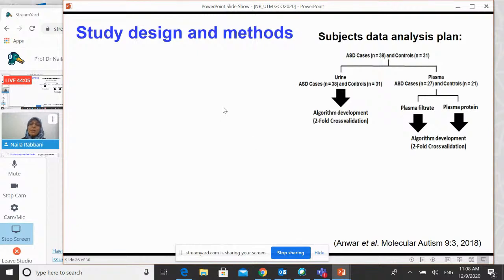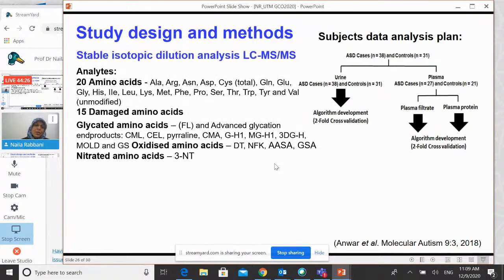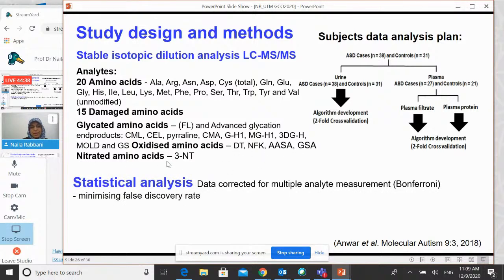It was a comprehensive study where we wanted to look at protein damage markers in all compartments of the physiological fluid, especially plasma and urine, see exactly what happens, and develop the algorithm with twofold cross-validation. We measured 20 amino acids, all of them, 15 damaged amino acids, glycated amino acids, oxidation markers, and nitrated amino acids.